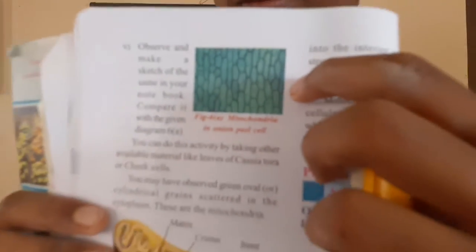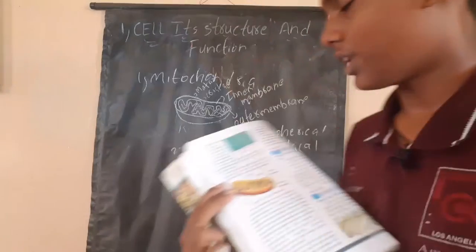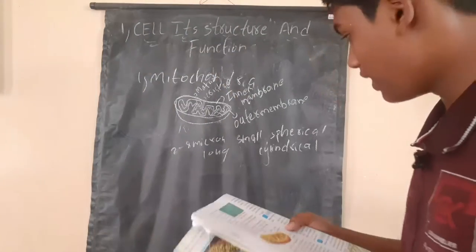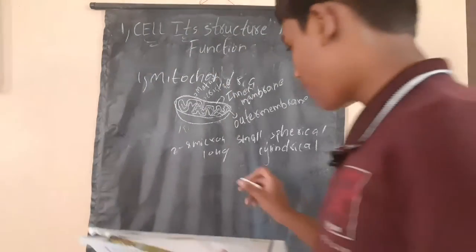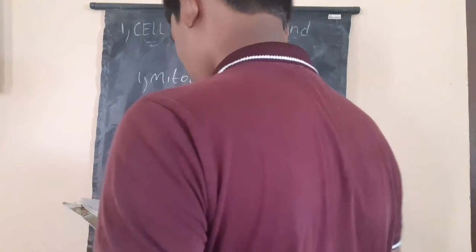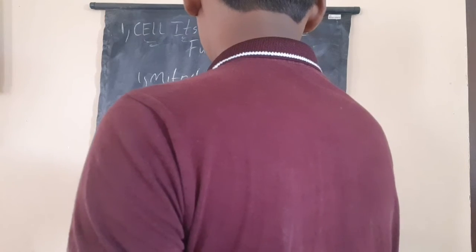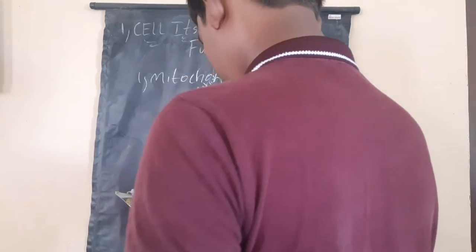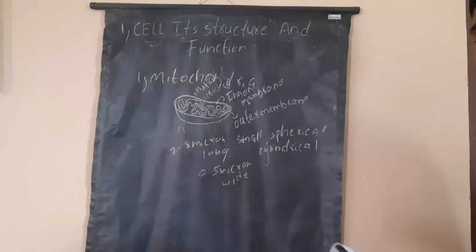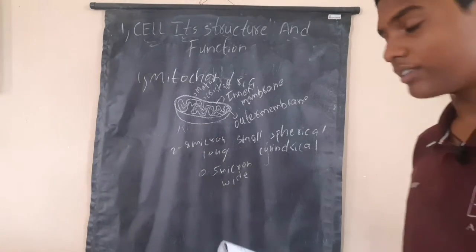While observing an onion peel in a microscope, the mitochondria looks like this structure. It is 2.8 micron long and 0.5 micron wide. It is about 150 times smaller than the nucleus.